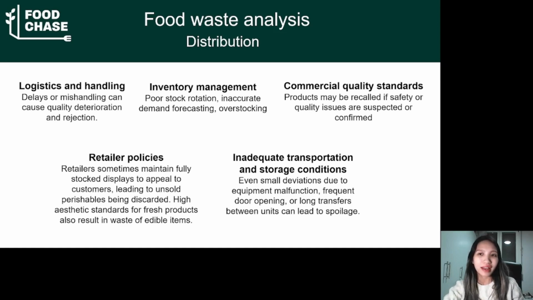The product can be recalled if there's a safety or quality issue. Very often you see in supermarkets or retail that the shelf of fresh fruit and vegetables is always full, even at the end of the day, because it is a policy that is often adopted by the retailer, but it also leads to a massive quantity of food waste.